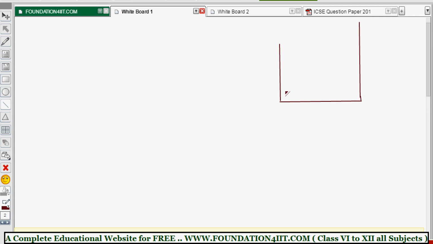Okay, so PT and this also join. So here from PQR, so this is T and it is P, Q and R. So this is given 60 degrees and height is 50 meters.